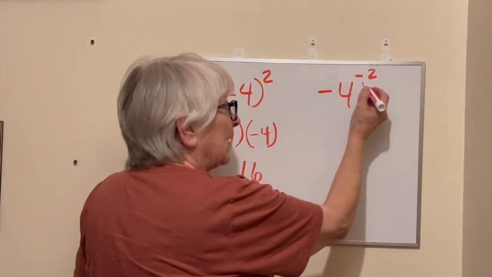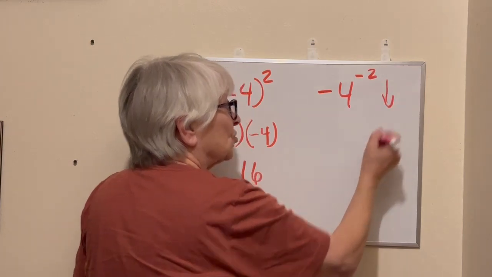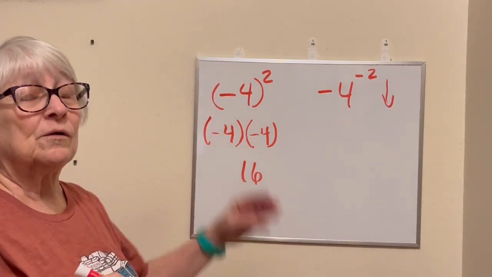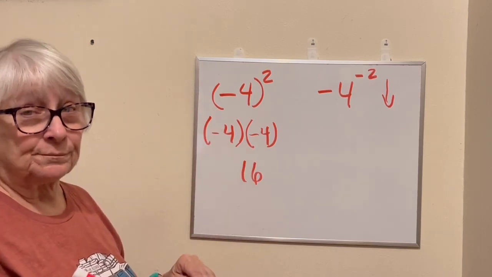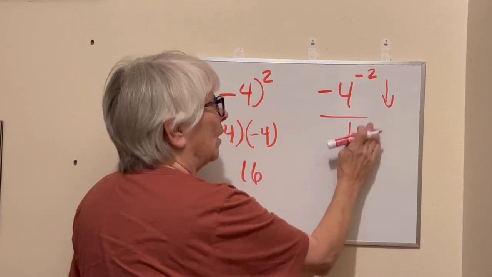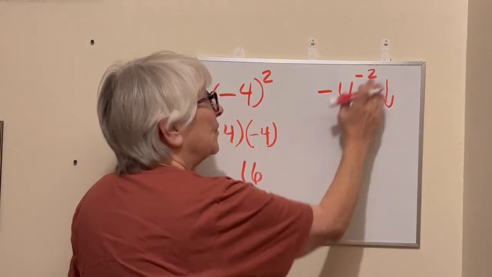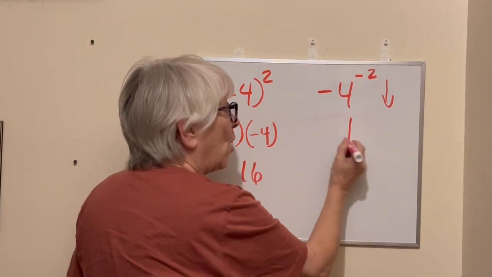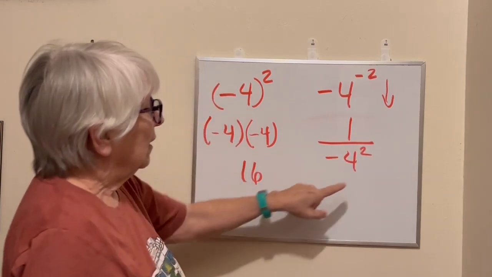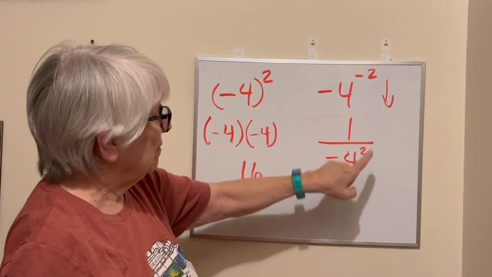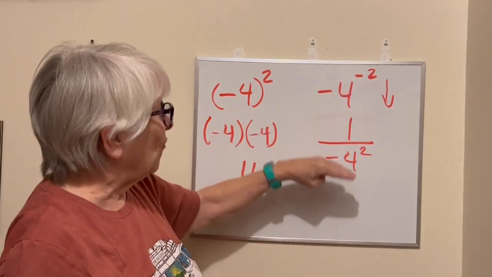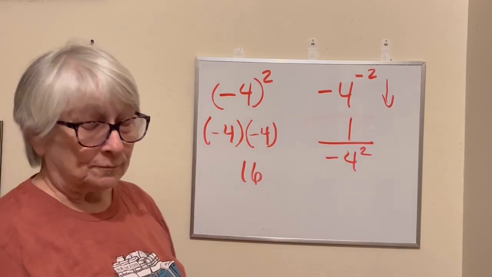Now, what the negative exponent does is shift the 4 squared to the denominator. It's currently in the numerator because this could be 4/1, but that negative sign is going to shift it down and it will be 1/-4 squared. So the negative sign on the exponent is gone, but the 4 squared is moved into the denominator.